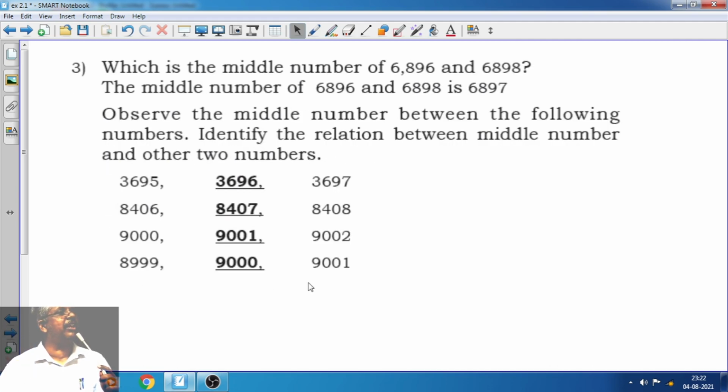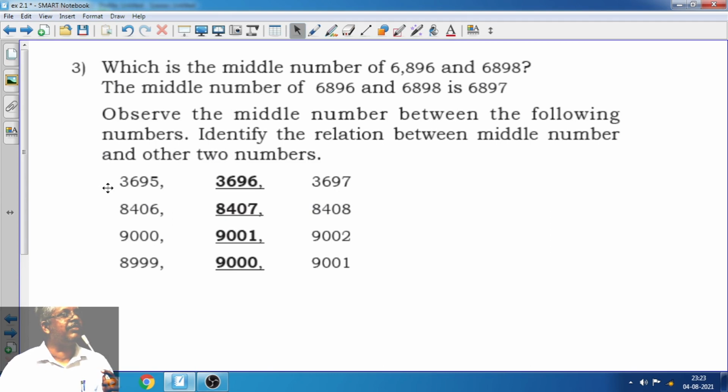Next, what I have here, the middle number of 6896 and 6898. So what's in between 6 and 8? Naturally the 7. You see, only in units place. So what happens here? It's going to be 6,897.